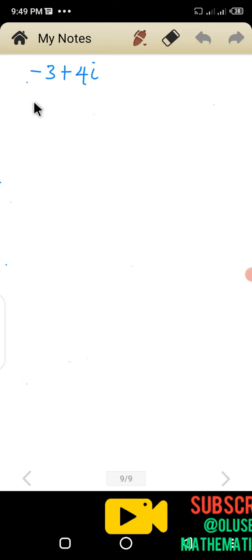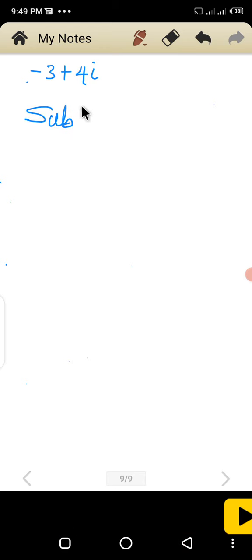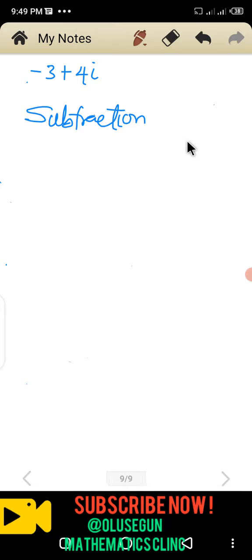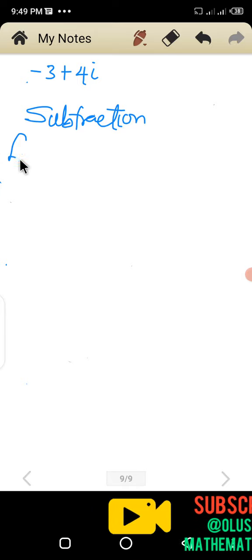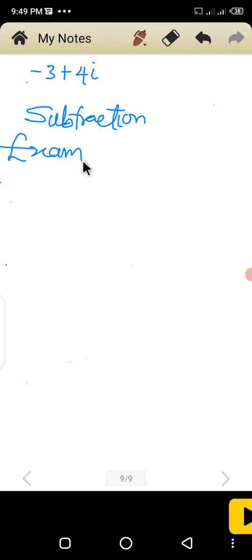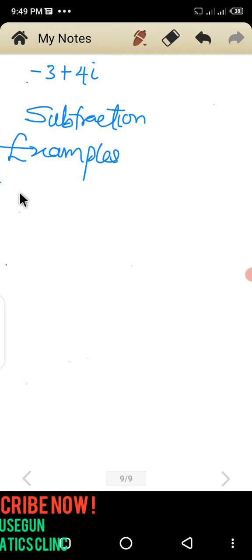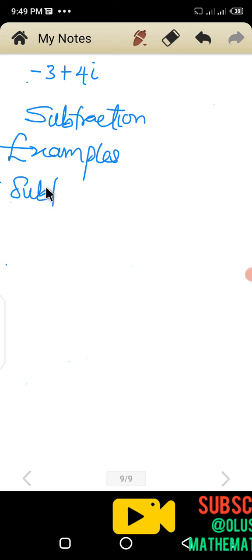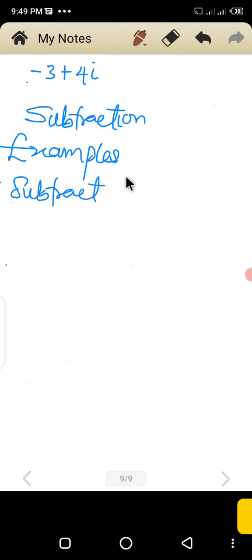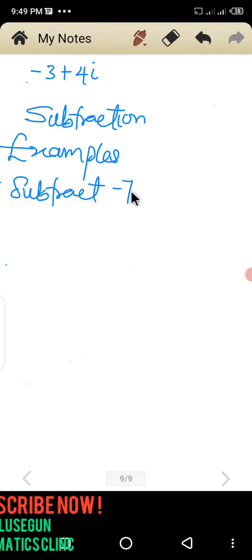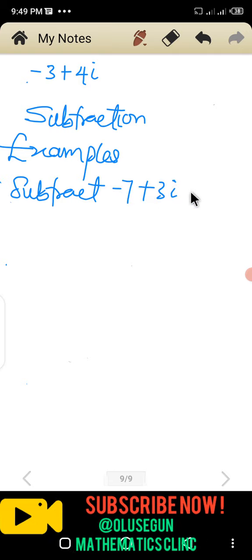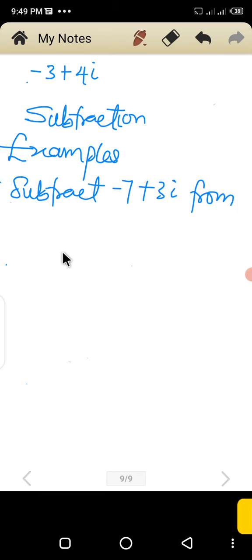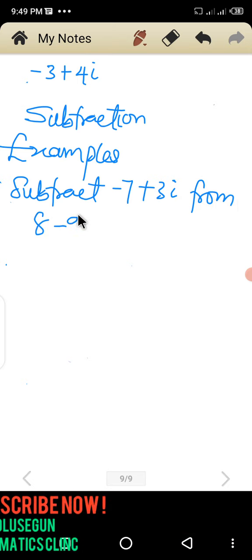We also go to the subtraction part. Let's have the first example on this. The first question says subtract minus 7 plus 3i from 8 minus 9i.